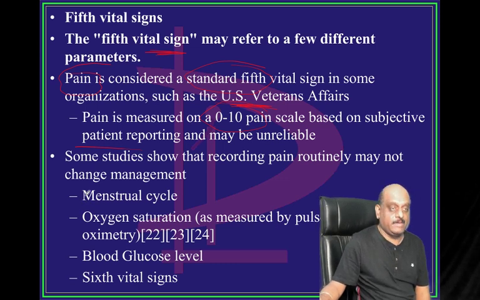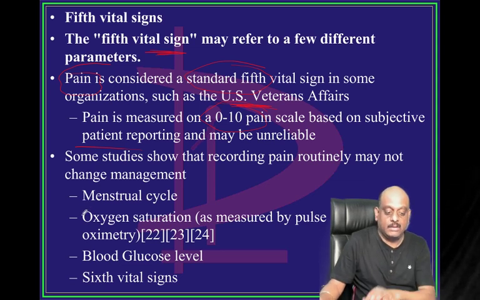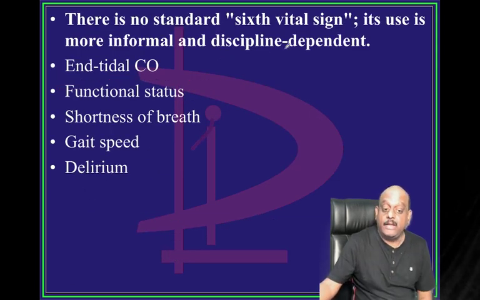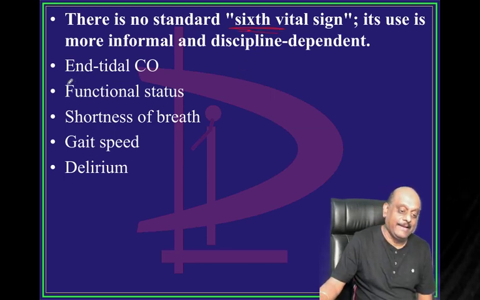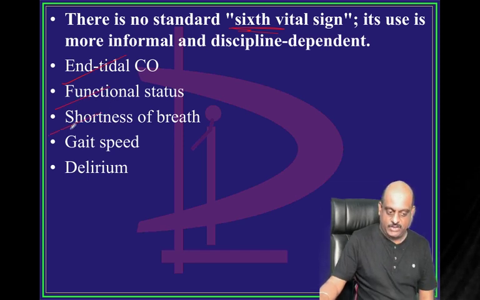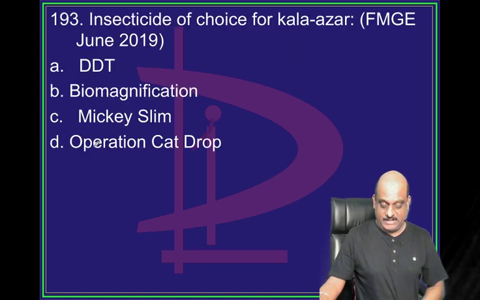Hence it is unreliable, this fifth vital sign. Now, there is no standard sixth vital sign, but end-tidal CO2, functional status, shortness of breath, gait speed, delirium, they are called sixth vital sign.